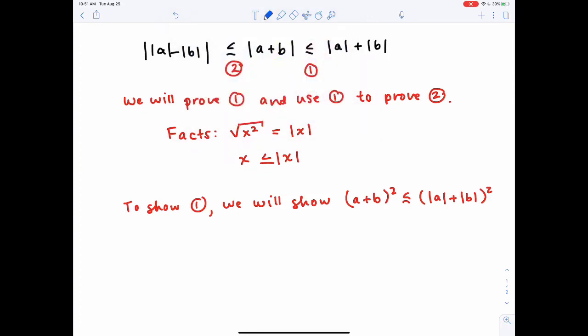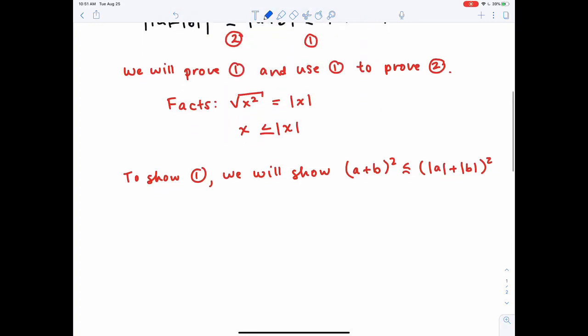You should take a moment and pause the video and ask yourself, why is this expression equivalent to showing 1?